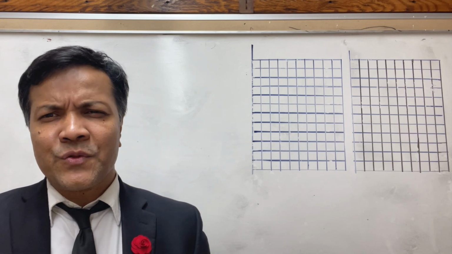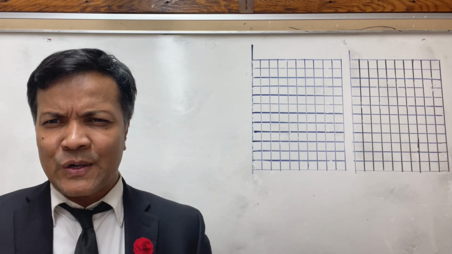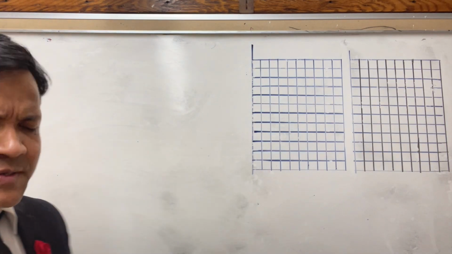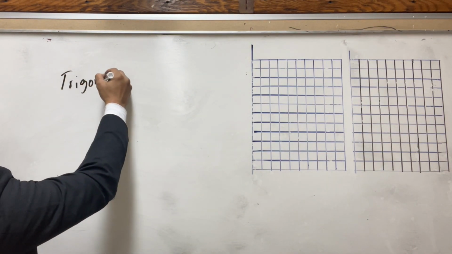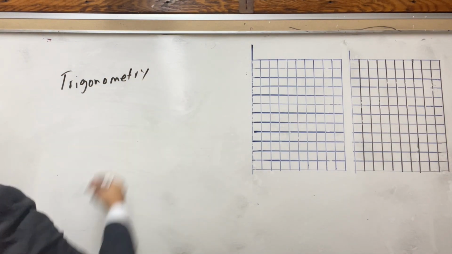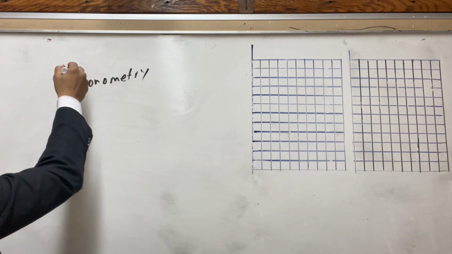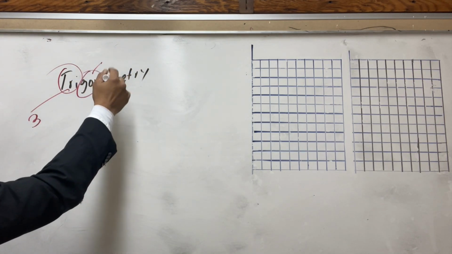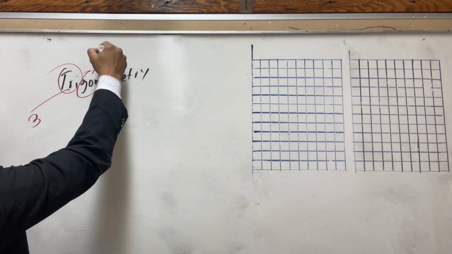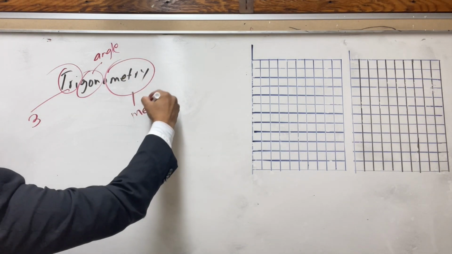Well, along with force, we have to use a mathematical tool we call trigonometry. What is trigonometry? If you try to understand the meaning of trigonometry, tri means three, gon means, of course, angle, and ometry is the metric.